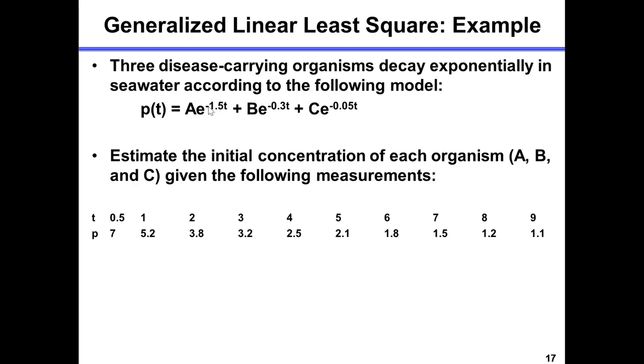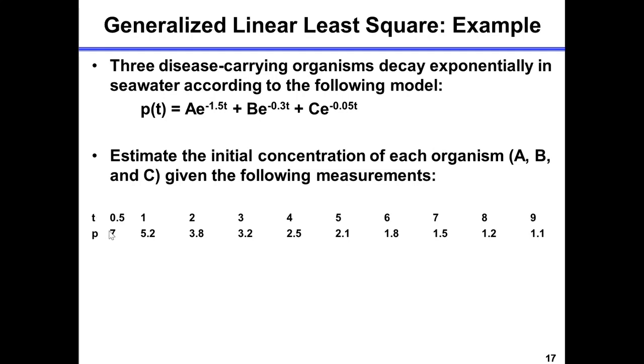We don't have these A, B, C in the power of the exponential, right? Because of that, we can consider it as a linear one. Be careful with this. The parameters that we're interested in finding, these coefficients, have a linear relation. Because of that, we can use the general form of the linear least squares.